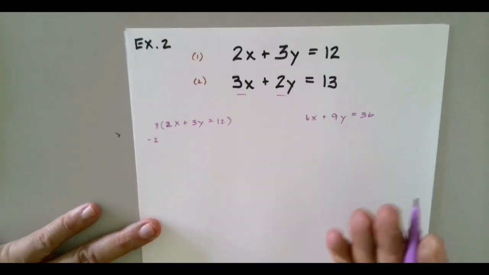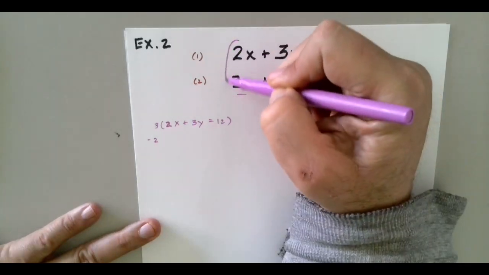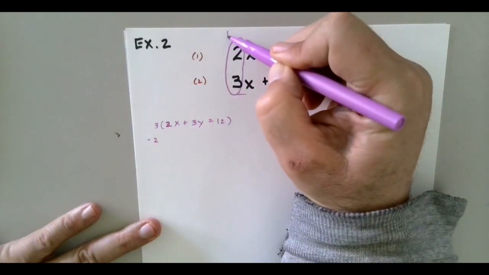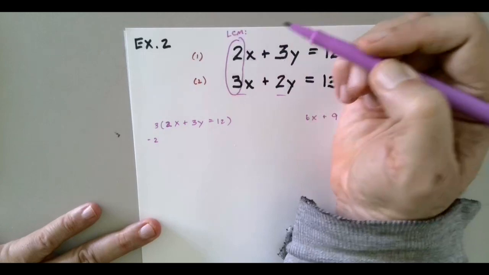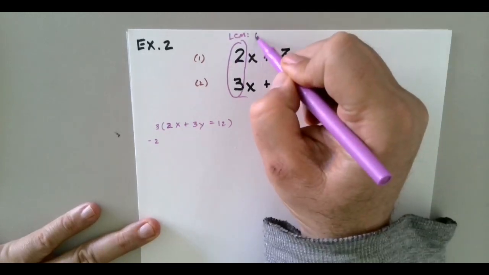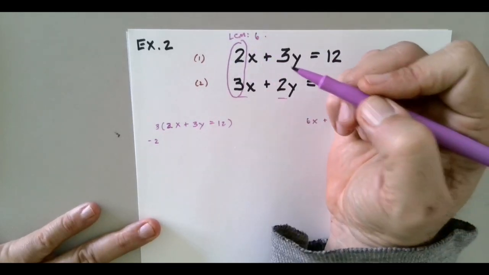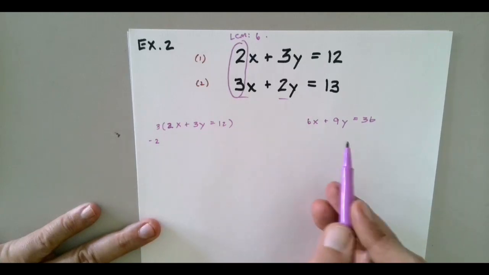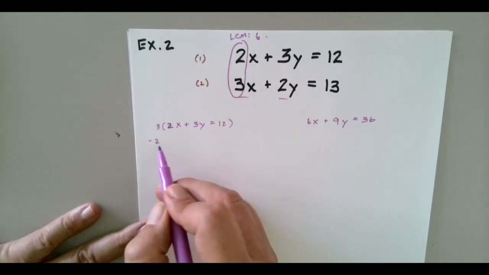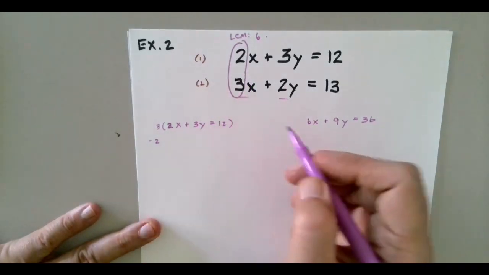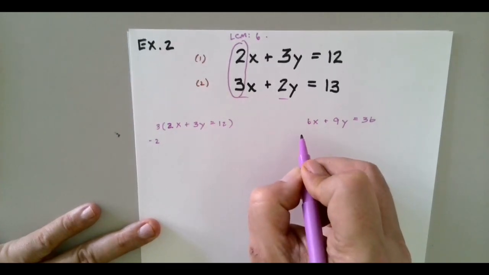Now, where did the negative 2 come from? Well, I know that the LCM of 2 and 3 is 6. And if I wanted to, I could have multiplied by 2. But I'm going to do negative 2 times 3x plus 2y equals 13.